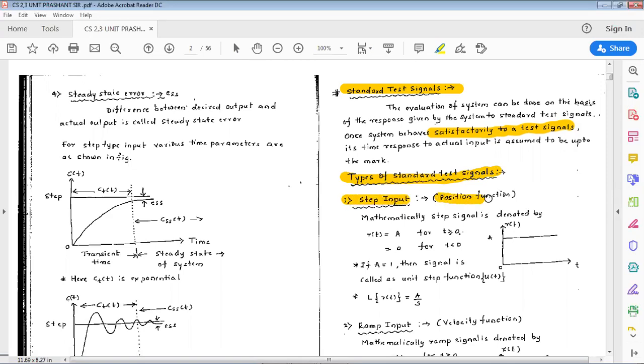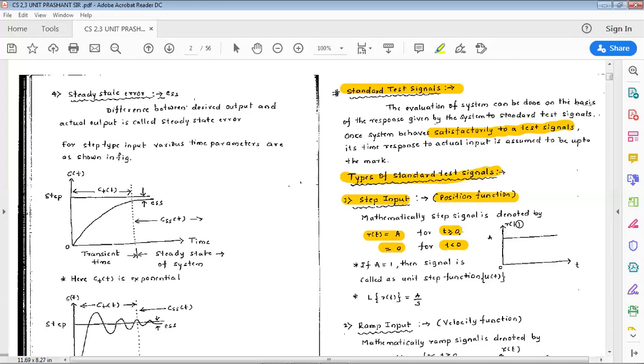It's also called the position function. Mathematically, the step signal is defined as r of t equal to A for t greater than or equal to 0, and 0 for t less than 0.